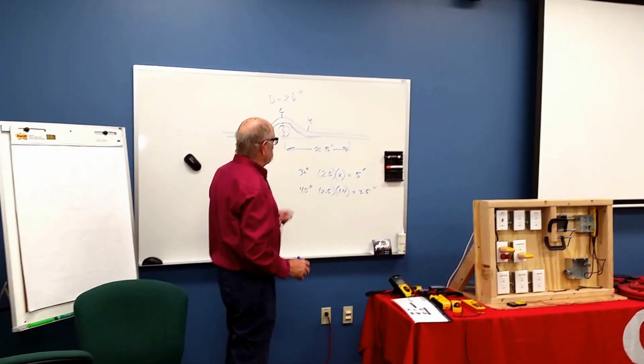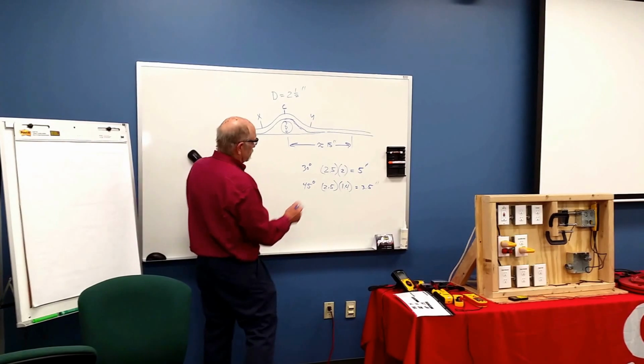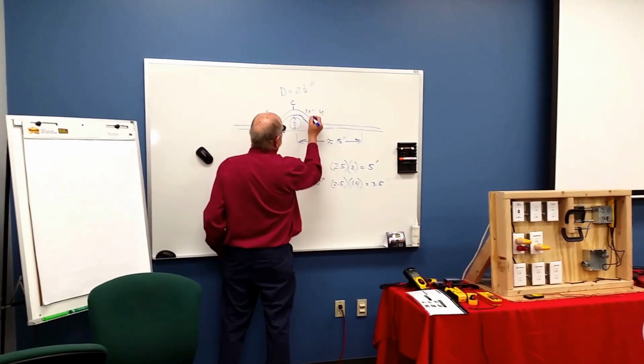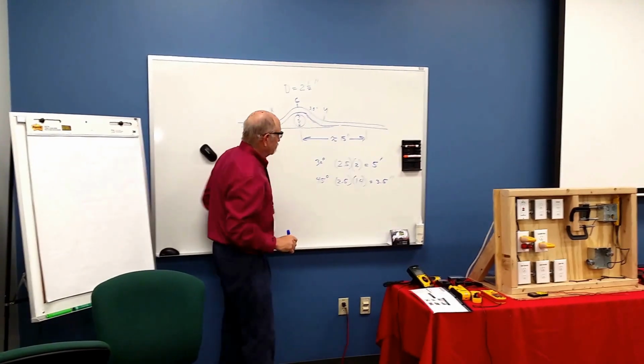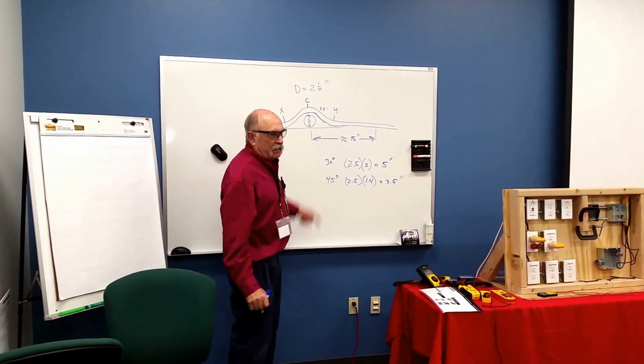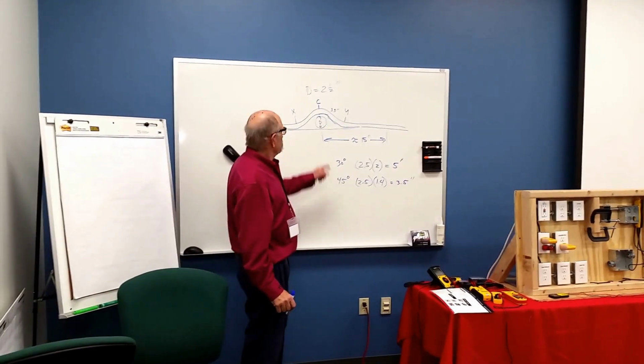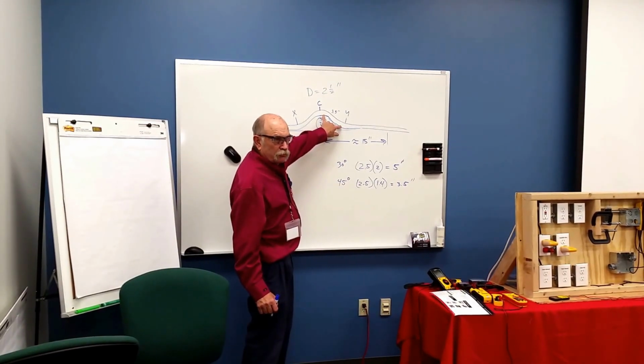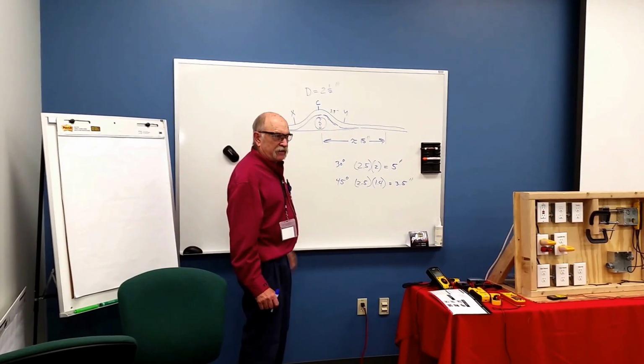Okay, now you see what's happening here right away. If this is gonna be 3.5 inches, the distance between C and Y, how are we gonna bend two 45 degree bends in 3.5 inches?